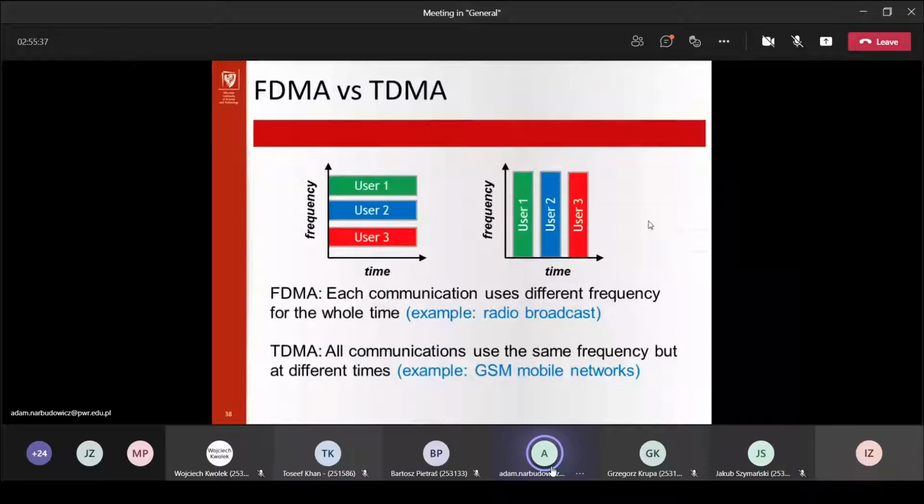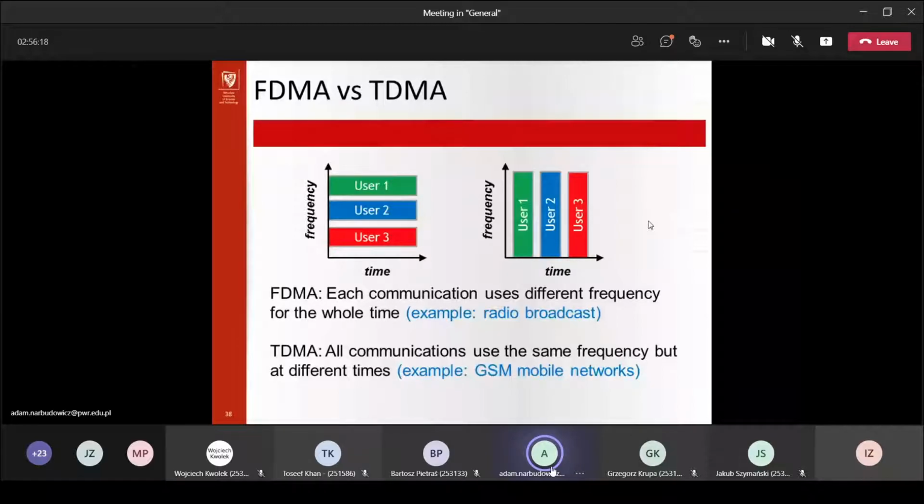It's not very straightforward to make sure that your communication fits into a certain slot, because you may experience a certain delay simply because of movement or distance. So making sure that the transmitted communication falls into a designated time slot in a dynamic environment can be quite challenging. But again, this can be done. And so FDMA and TDMA are the two basic multiple access techniques.